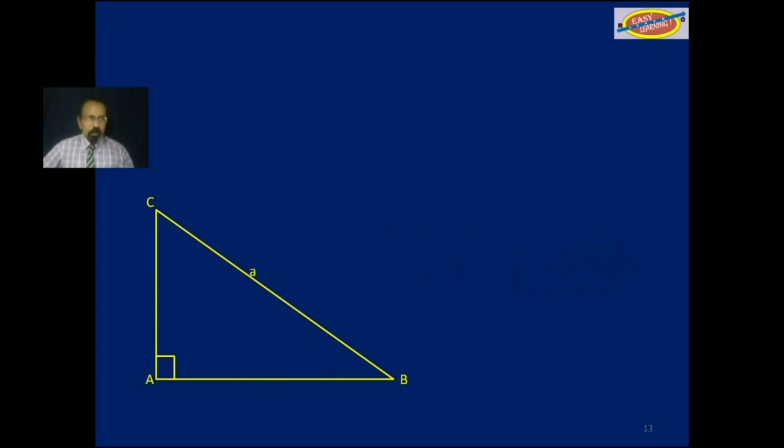So let's look at an example. A, b, and c. If b is 8.00 centimeters and c is 10.0 centimeters, and you want to find a, then we know that a squared is equal to b squared plus c squared. If we remove that square from there, we get a is equal to the square root of all of that.